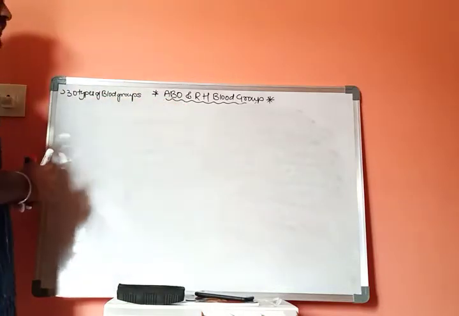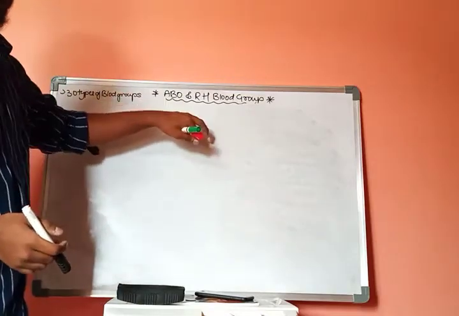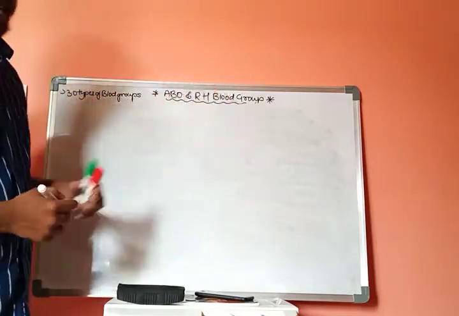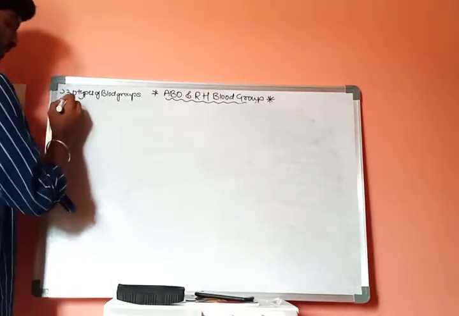Now, as we know, there are four types of blood groups: A type, B type, AB type and O type. Let us first discuss A type.